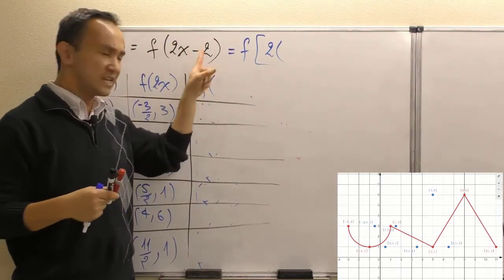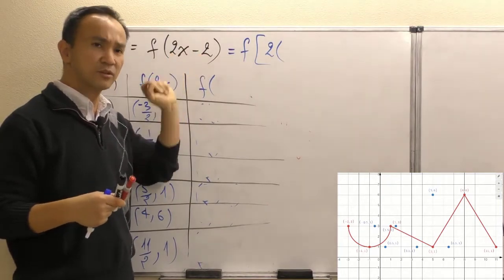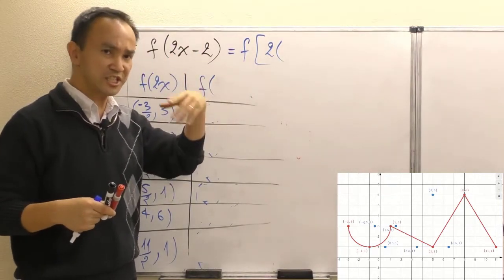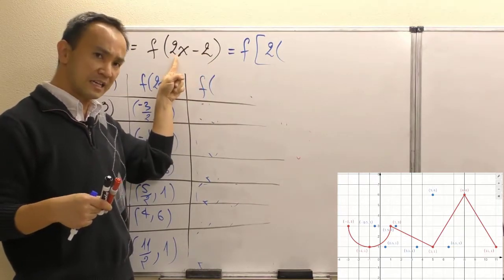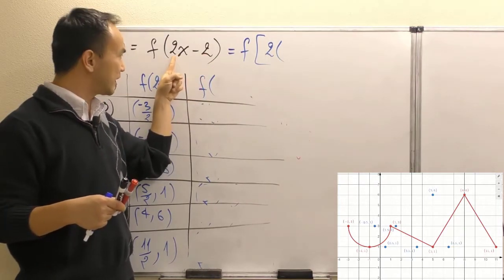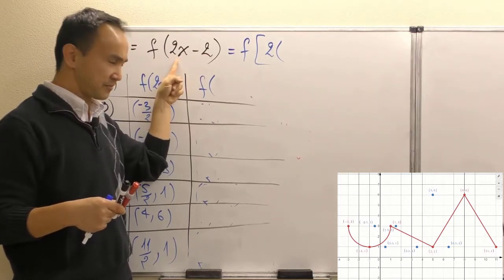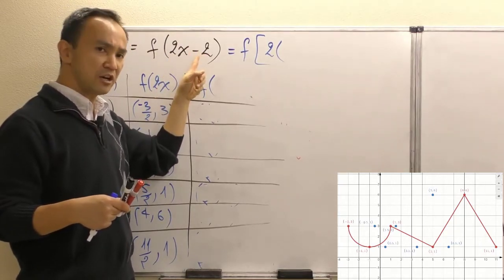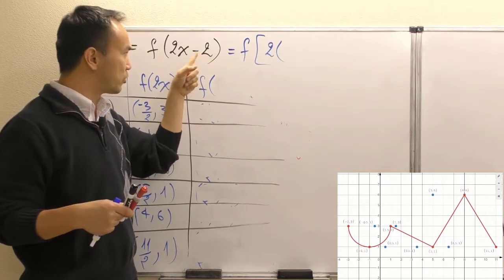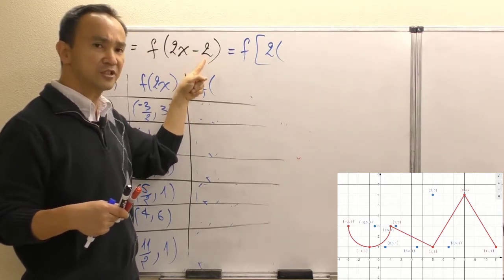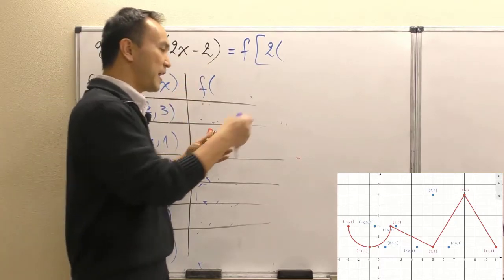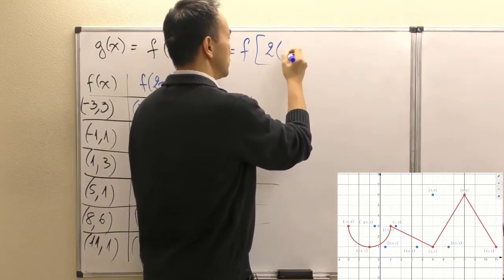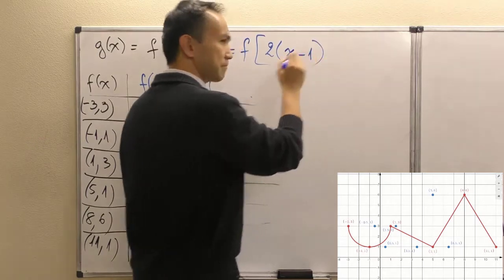In this case, this 2 has a common factor with the other term. But in the worst case, where there isn't even a common factor, you can still purposely factor out the lead coefficient. I call this 2 the lead coefficient. Here we do have a common factor 2. So factoring out, it's 2 in parentheses x minus 1.